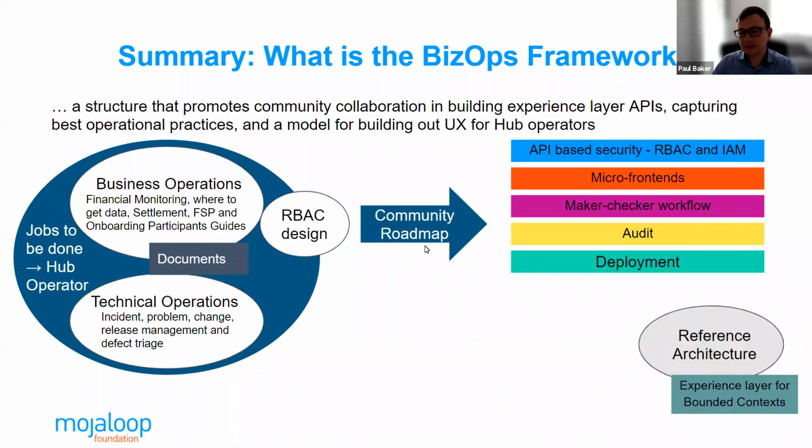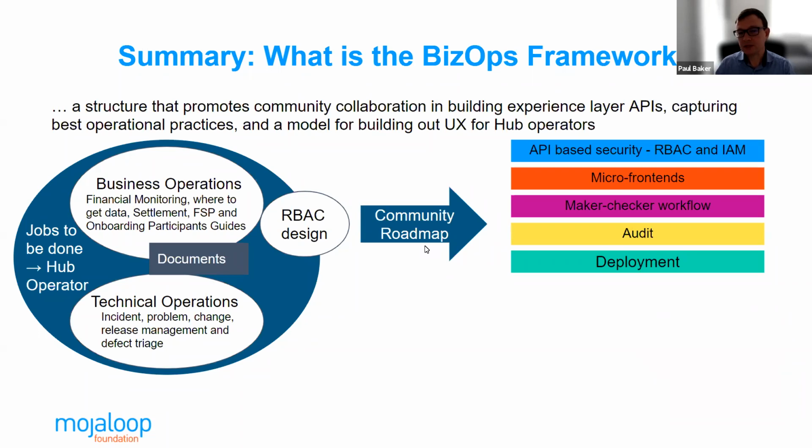Then next is the actual implementation of this framework, the technical implementation. This is the next part of the bizops framework, the cornerstone. What needs to happen there is it needs to be API-based RBAC using standardized identity access management tools.